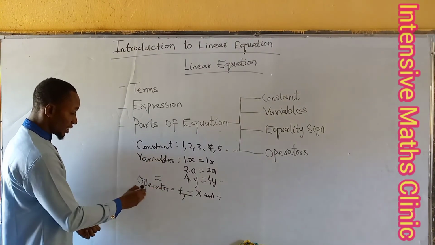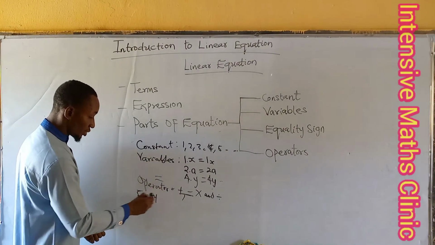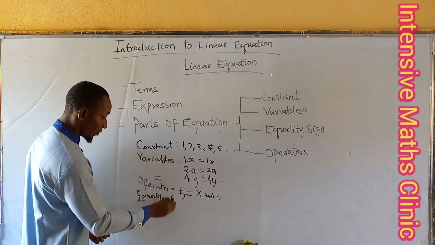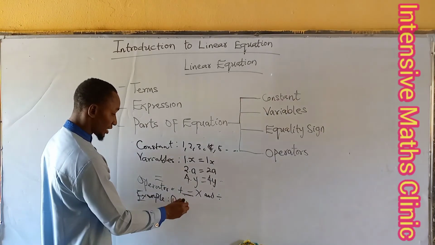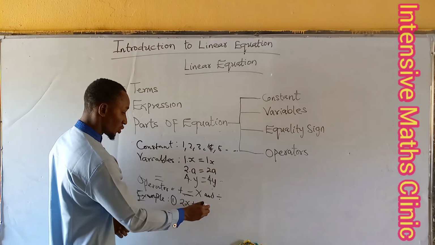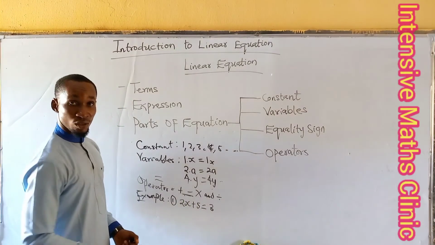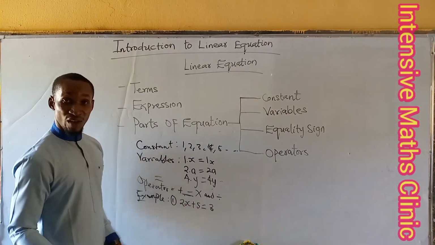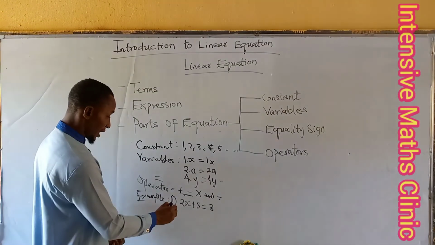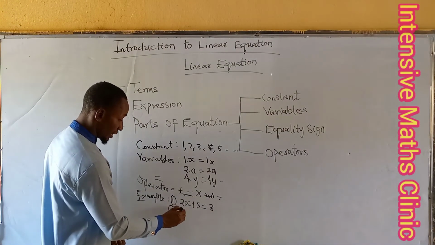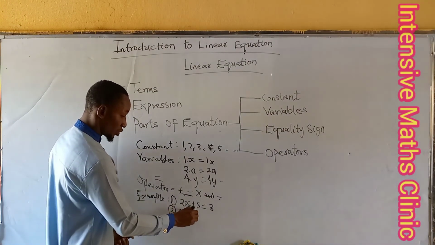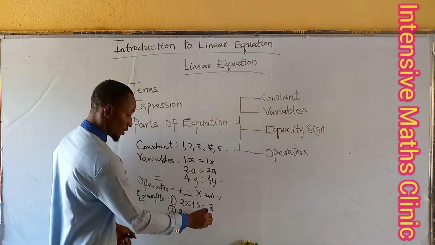So from this, the example of a linear equation is going to be this. The first one can be 2x plus 5 equals 3. This is a linear equation. So we have just one variable. In some cases, we can have it like this: 3a minus 2 equals a.